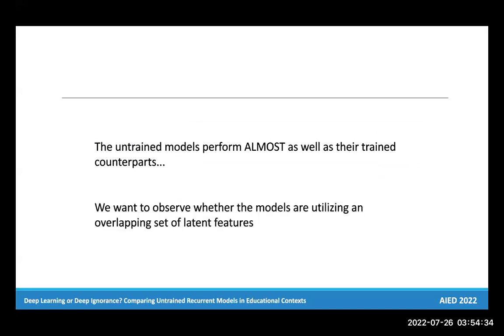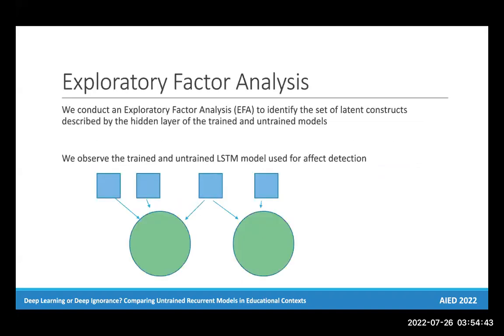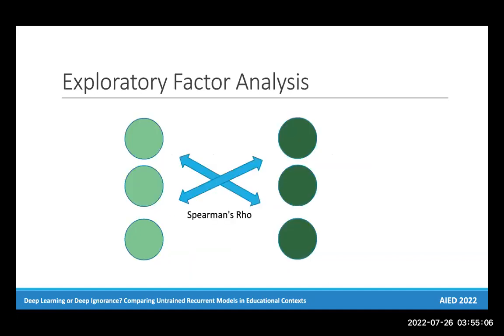So the last piece that we want to do is just observe whether these models are actually utilizing an overlapping set of latent features. So we conducted an exploratory factor analysis looking at the trained and untrained LSTM model for affect detection, to see whether the learned features map onto the same set of latent constructs or latent factors that are utilized when making the prediction. We took all of the trained and untrained features that are spit out by the model, or the factors from the trained and the untrained model, and we just look at correlations.